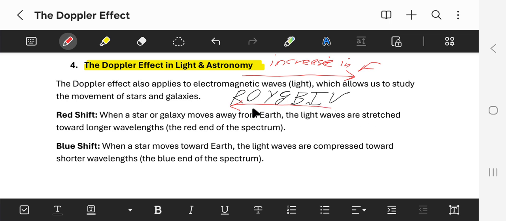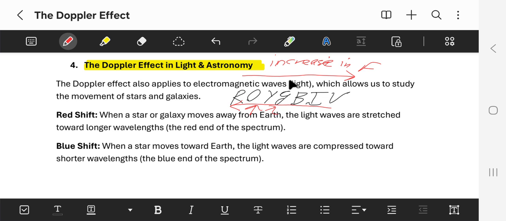And I'm just going to show an arrow and lambda. So when we are moving from red to violet, we are increasing in frequency, and when we are moving from violet to red, we are decreasing in frequency.